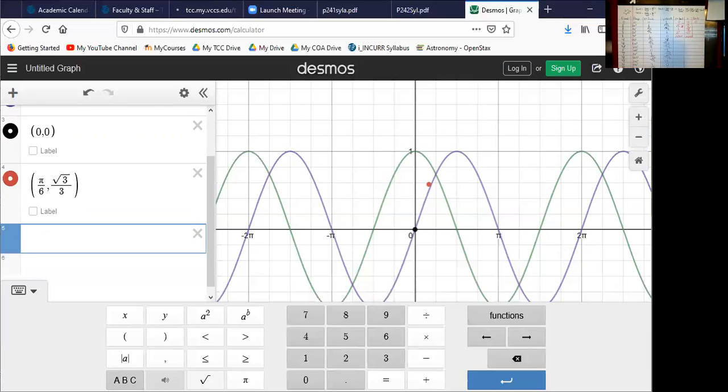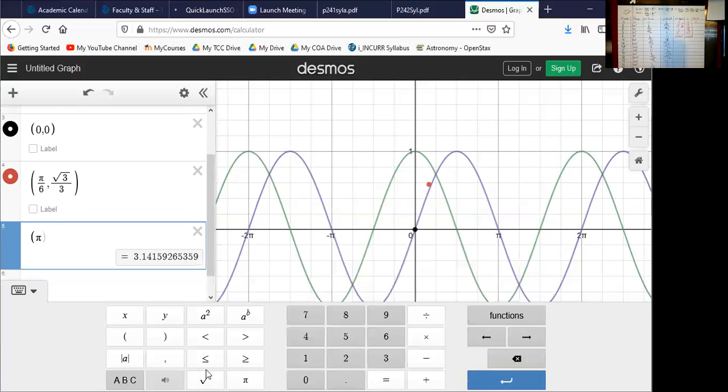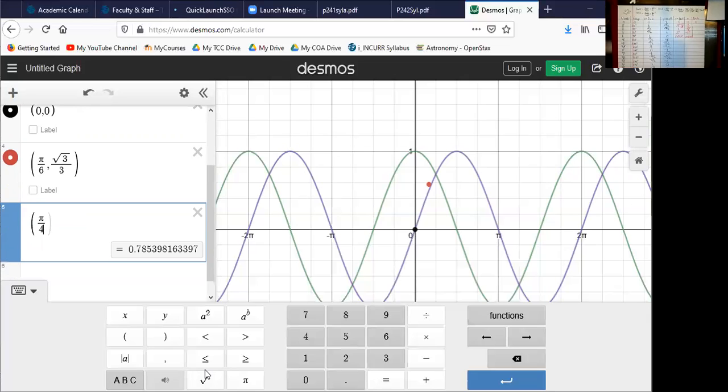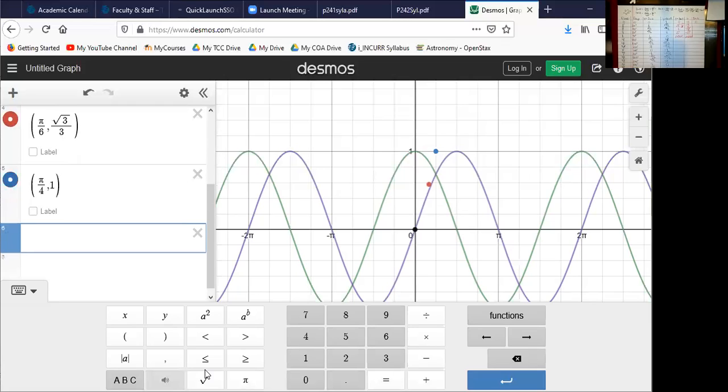And now the next one is pi over 4, and that should give me a value of 1. So parenthesis, control V, divided by 4, comma, 1, parenthesis. Look how much steeper that is. We're going to have to obviously change our range a little bit more.